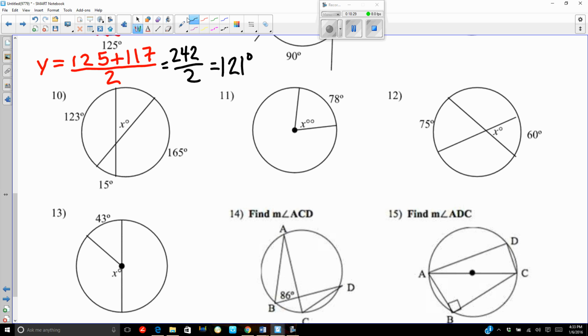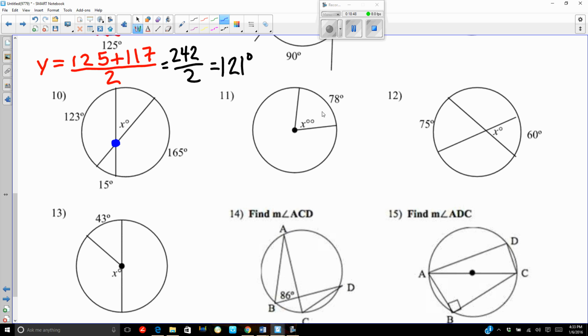The last one I'll look at is, we're going to skip ahead. Well, first off, number 10, I'm not going to work this one out. But what you need to do to find x, first off, the vertex is inside the circle. So you're going to use the same formula we just used.